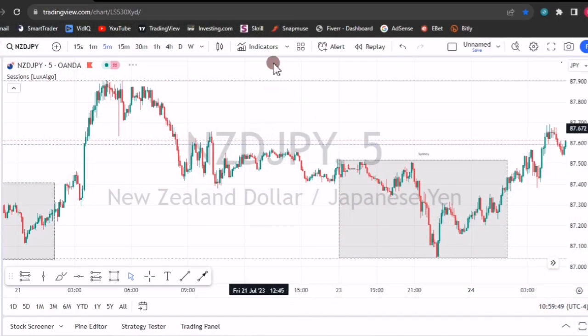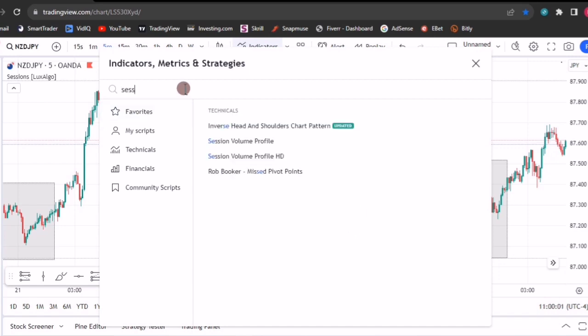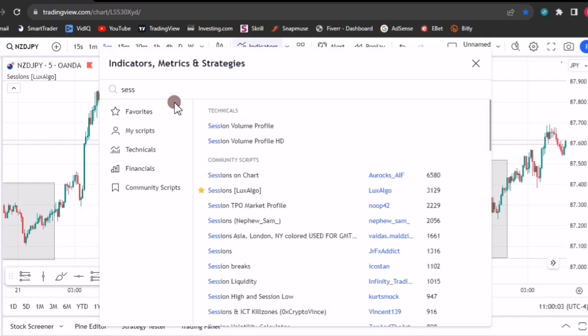For the sessions indicator, you can use any indicator, whether you are on MT4 or Trading View. For me, I'm on Trading View. I go to the search box and type sessions, and then I select this one, sessions by Lux Algo.